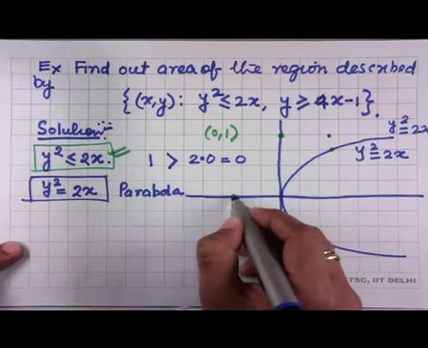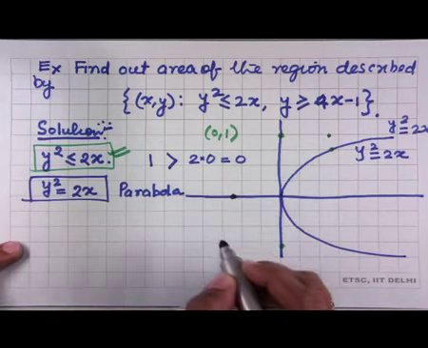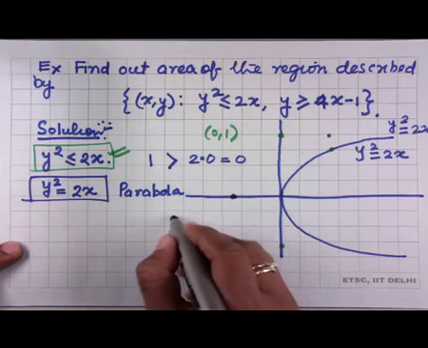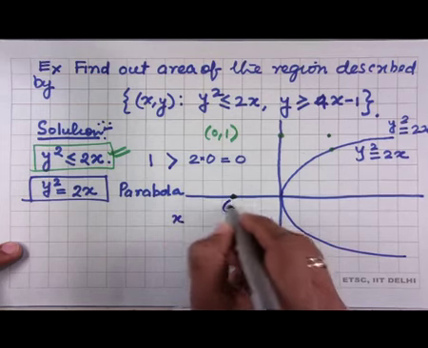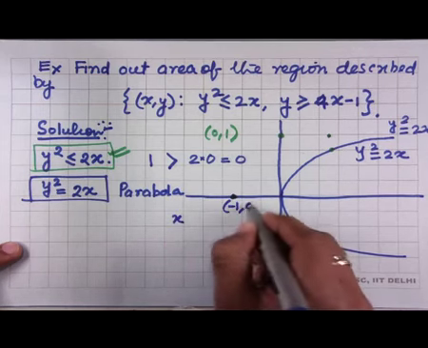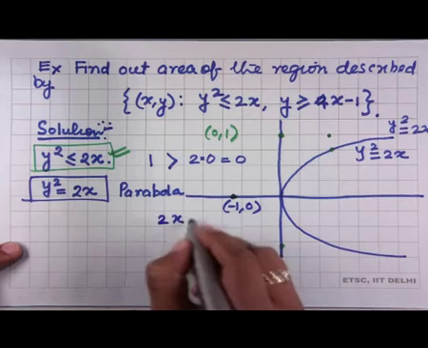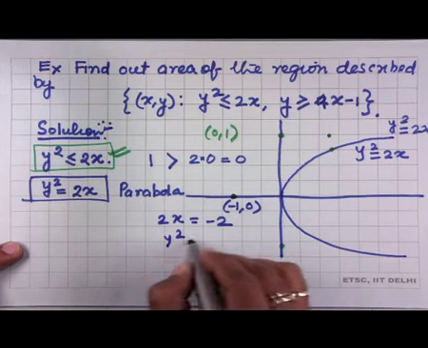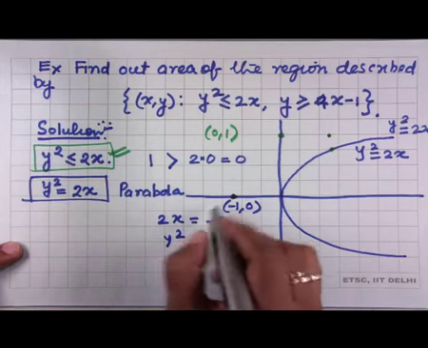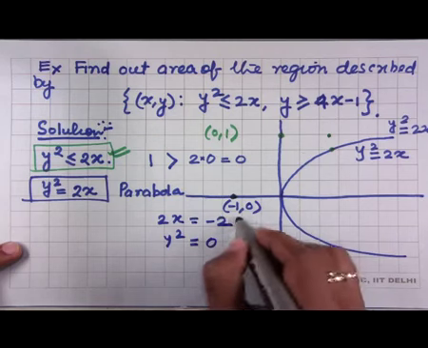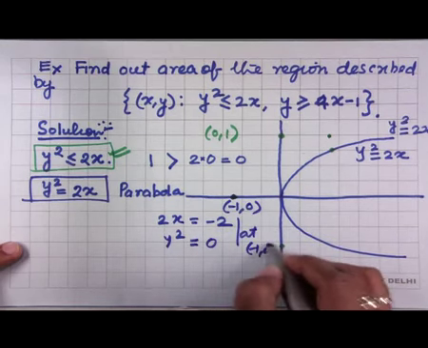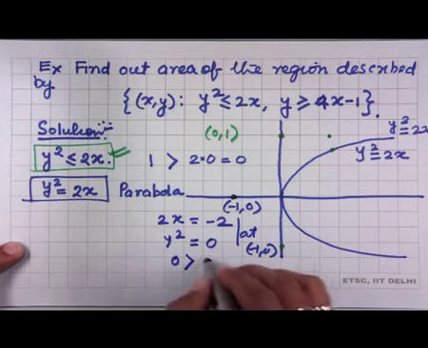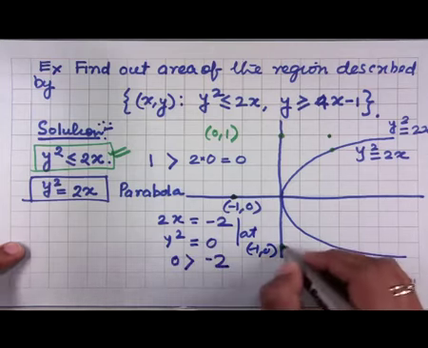Similarly, you can check it for this point, say minus 1 comma 0. So, 2x will be minus 2 and y square will be 0 at minus 1 comma 0. So, again you can see that the inequality is not satisfied. Similarly, for this point also.